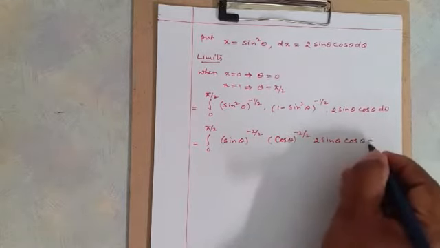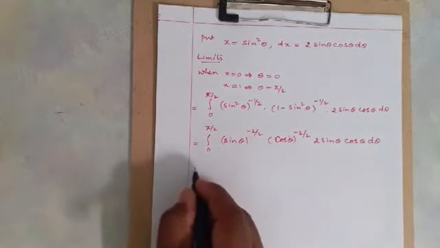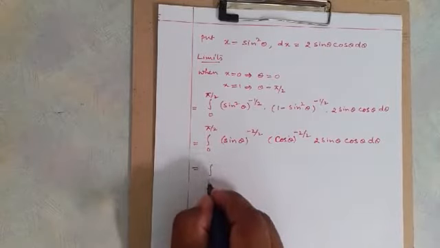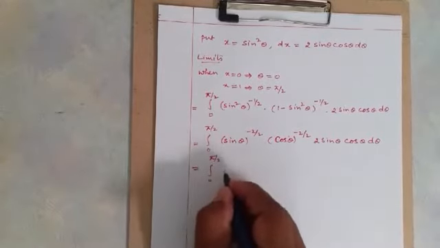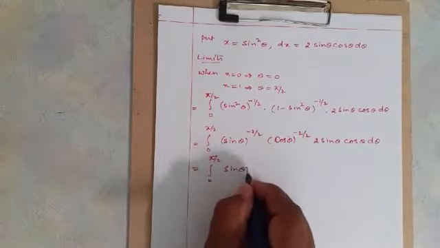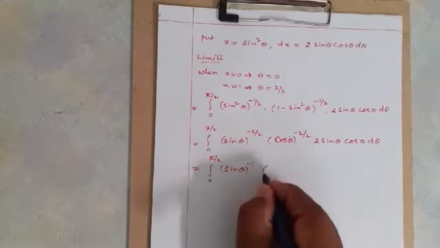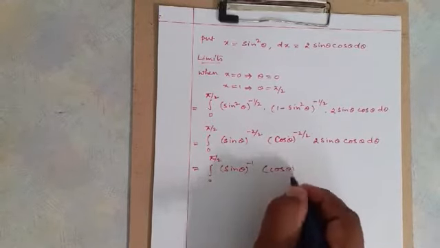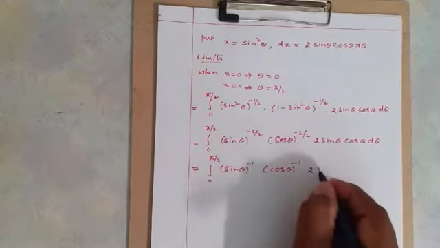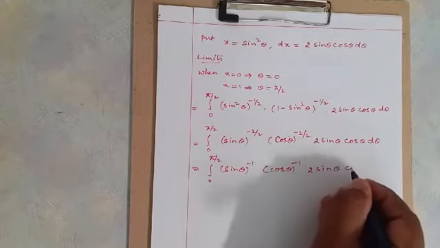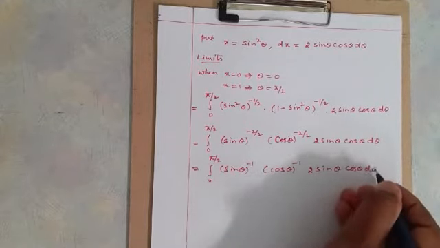theta d theta. After writing this, this is equal to integral 0 to pi by 2, sine theta whole power minus 1, and cos theta whole power minus 1, and here we have 2 sine theta cos theta d theta.